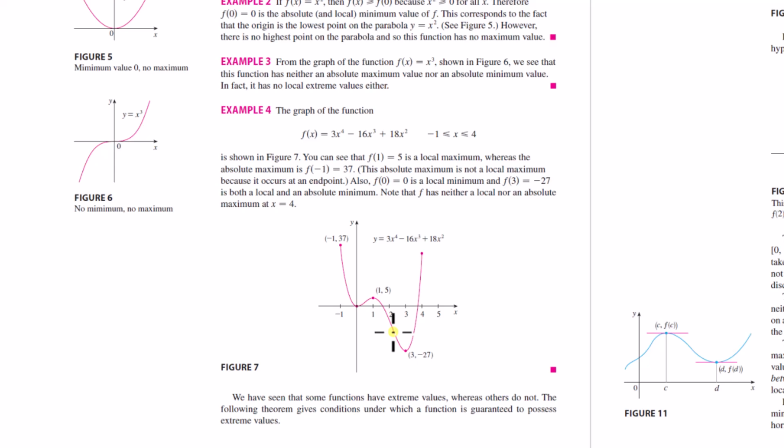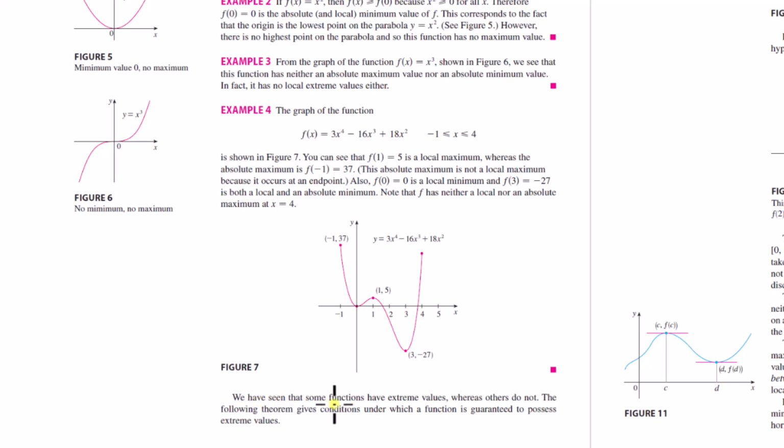Because you can specify an open interval around it, and it's the minimum value within that open interval. But the global max or min is not about an open interval. It's literally any number possible in the domain. Is there a single value that's greater than or equal to all possible values for the function? Yes, this one for max and this one for min.